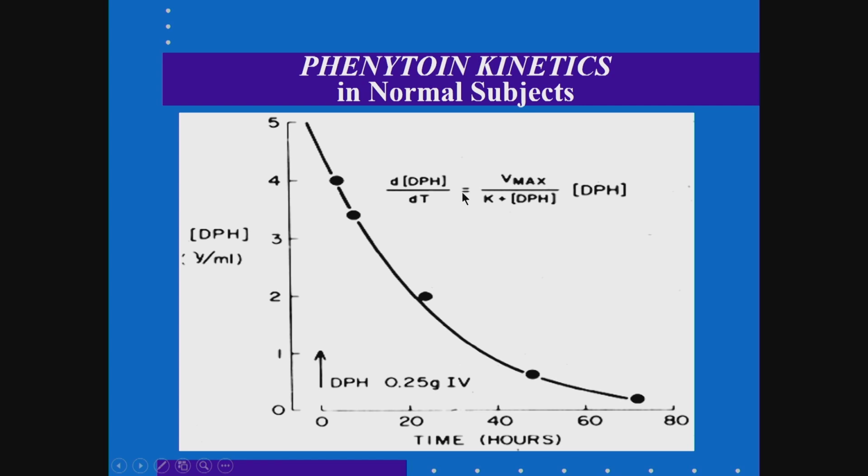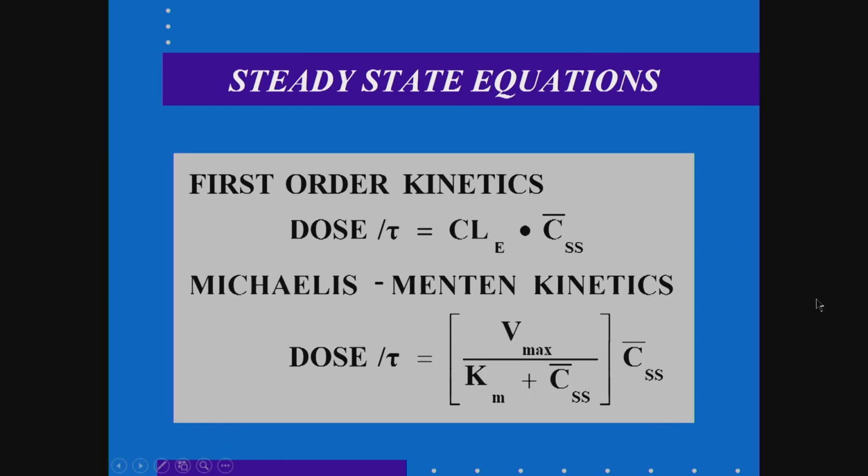This is the rate of change of phenytoin plasma concentration, which does not follow first order kinetics, but rather is determined by the Vmax, that is the maximum capacity of the metabolic pathway, the Michaelis constant, and the phenytoin concentration terms. So this is a deviation from first order kinetics of elimination.